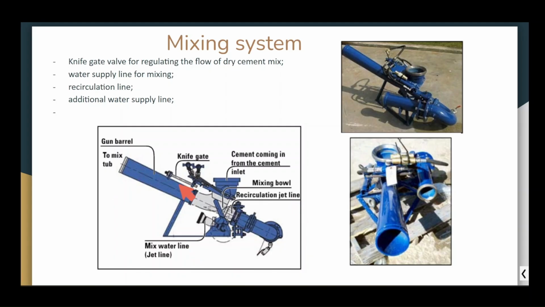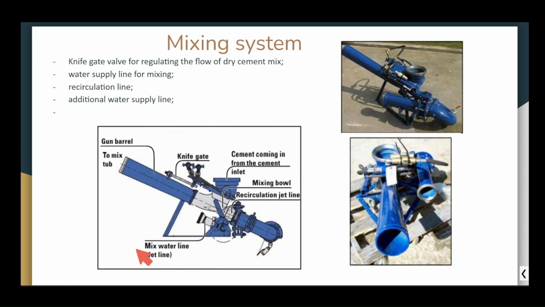So the knife gate, as I said: this is cement coming from the cement inlet from the storage can. The operator can control the hydraulic knife gate at the inlet of the dry cement blend right here. Under this knife gate is the mixed water jet line, filled from the low pressure discharge hose of the centrifugal pump.